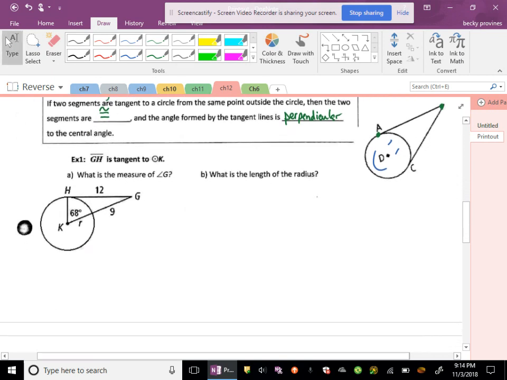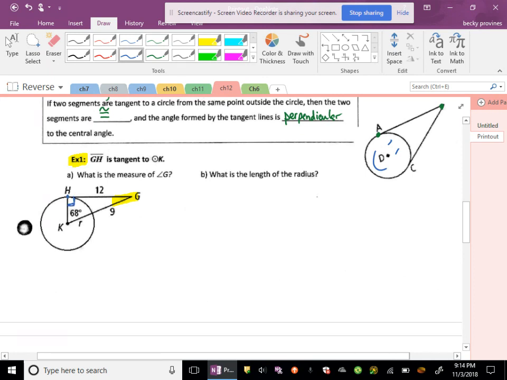Now, what we're going to do now is find the measure of angles and the measure of side lengths. Now, on this picture, for example 1, it says, what is the measure of angle G right up here? Now, we have a point of tangency. It is at H. This line comes and it touches at one spot and it forms a 90-degree angle.